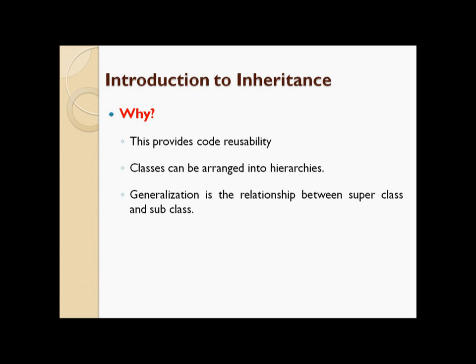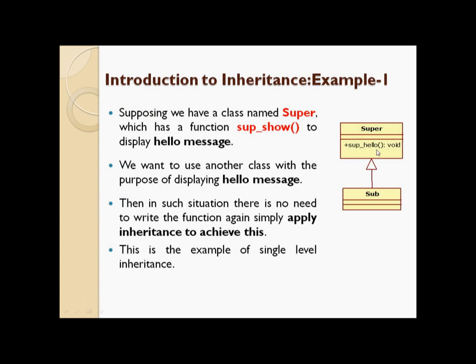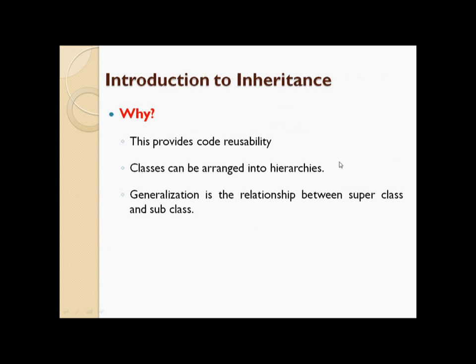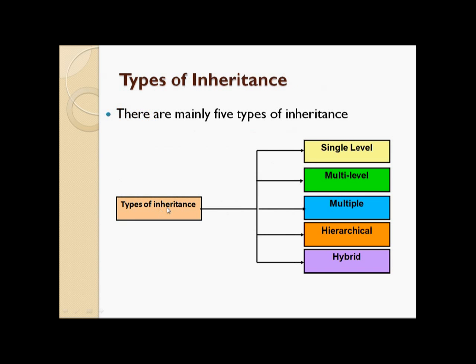So at that time, this feature will help us in maintaining the hierarchy, and this relationship, that is this notation, this triangle towards the parent class, can be called generalization between superclass and subclass. Now, this slide is given to make you understand the types of inheritance. Looking at the diagram, we can see that there are in all 5 types of inheritance, starting from single level inheritance to hybrid.